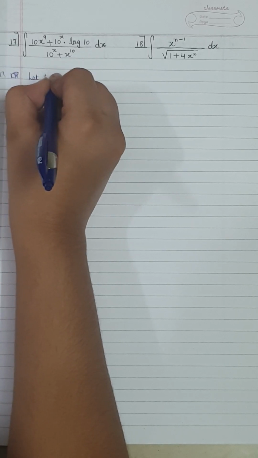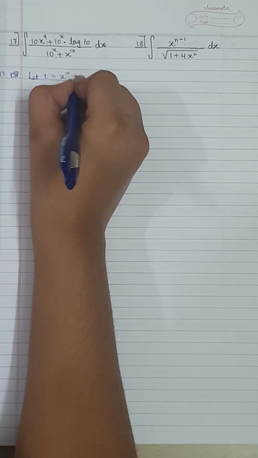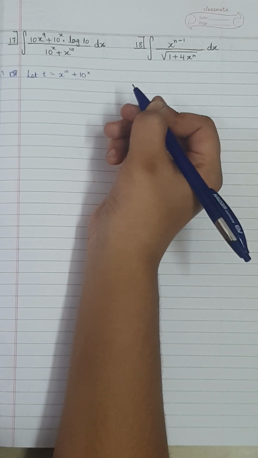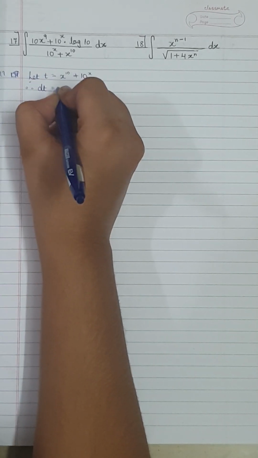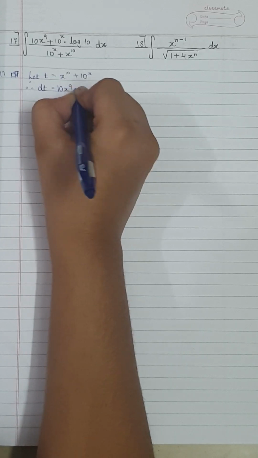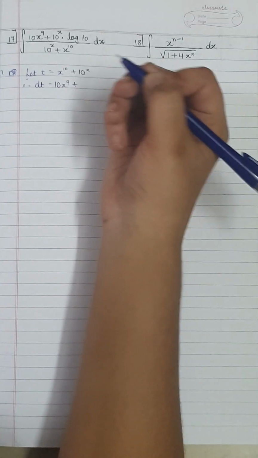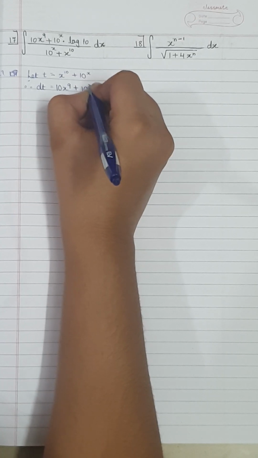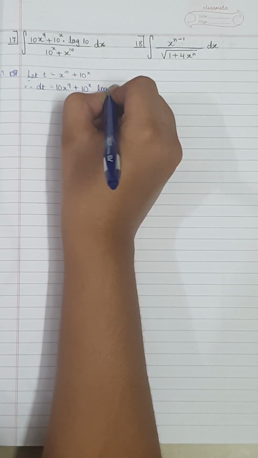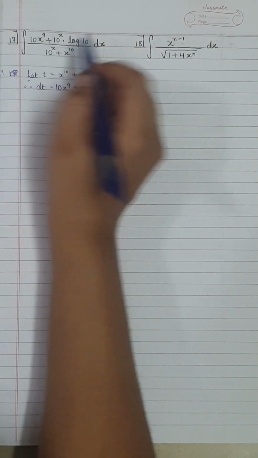Let t equal x to the power 10 plus 10 to the power x. Therefore, dt will be, first differentiate this, that will be 10x to the power 9, plus differentiating this, a to the power x is a to the power x log a. So that's going to be 10 to the power x log 10. And voila, we got our numerator.